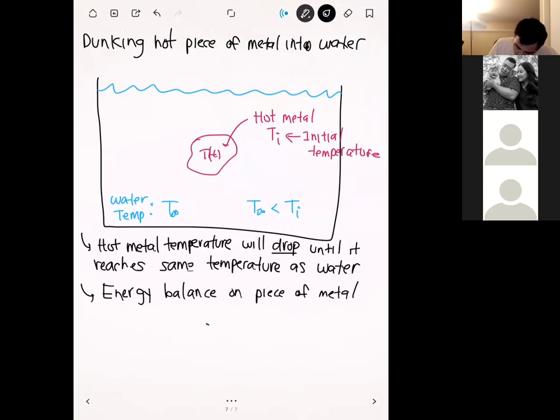So here's our piece of metal. It changed shapes between the upper picture and the lower one because I'm terrible at drawing, but just use your imagination to say it's the same. And let me draw a control volume around this guy.